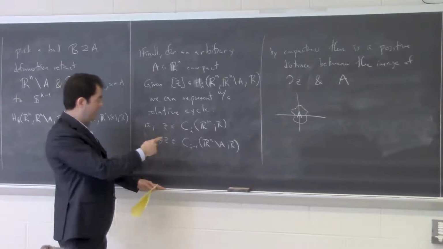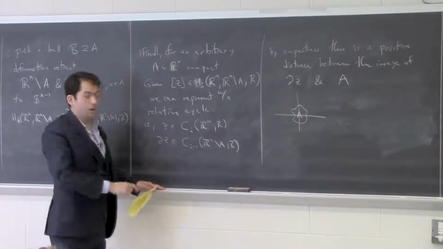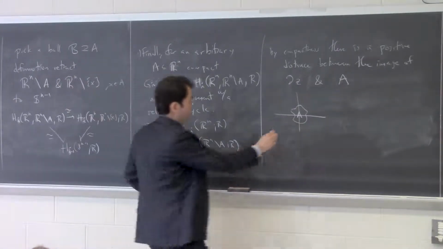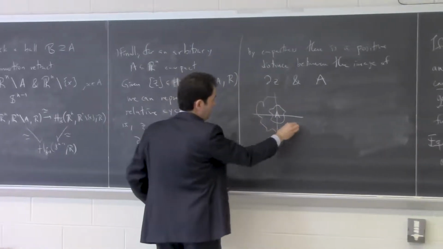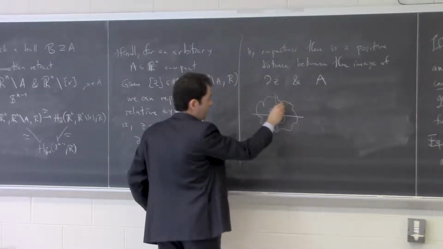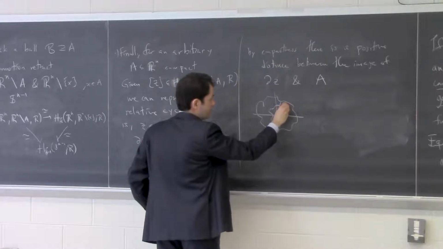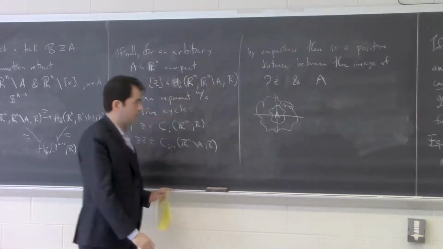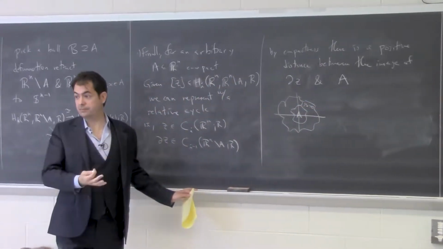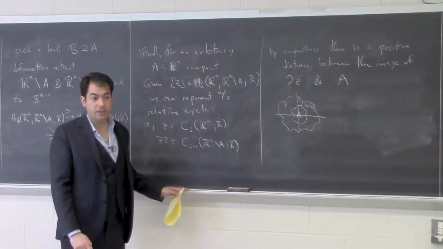So because A and the boundary are both compact, this boundary sitting out here somewhere has some positive distance between it and the compact set. Okay?